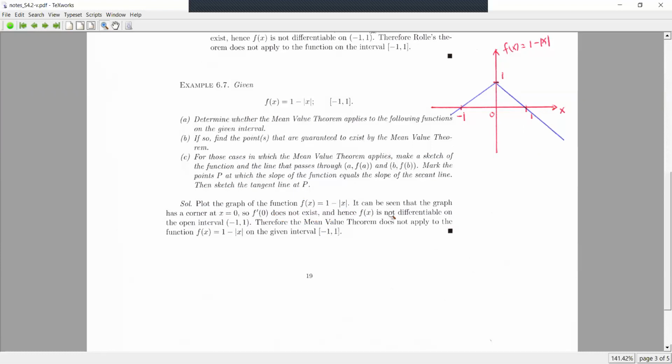Therefore, this function is not differentiable on the open interval -1 to 1. The open interval doesn't contain the left and right endpoints, so differentiable on the open interval means differentiable everywhere between -1 and 1. So this function doesn't satisfy the second condition of the mean value theorem. As a result, the mean value theorem doesn't apply to this function on the given interval.